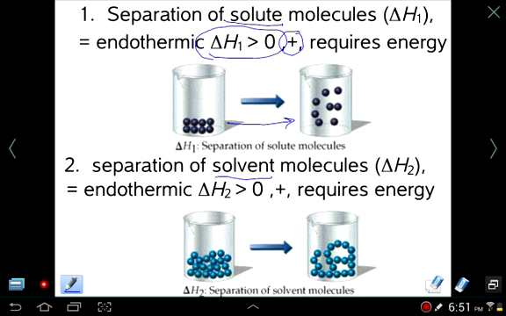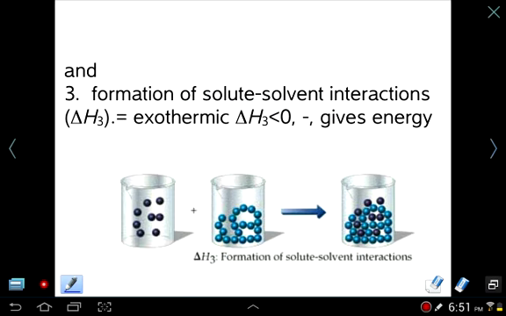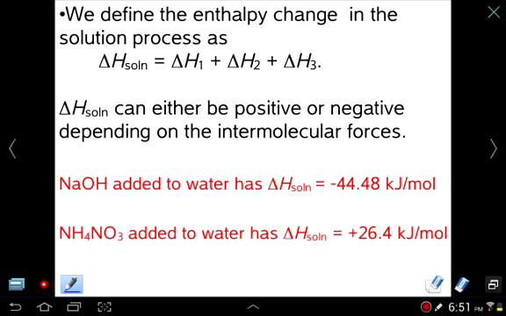Anytime you're breaking bonds, energy is put into the system. So in both step 1 and step 2, we're putting energy into the system as we're breaking the intermolecular bonds between the substances. And then in step 3, when we form new interactions, when we dissolve essentially, anytime you form a bond, heat is released. This is an exothermic process. So delta H is less than 0, or negative. So the formation of a solvent and solute together is an exothermic process. Formation of a solution, that is.